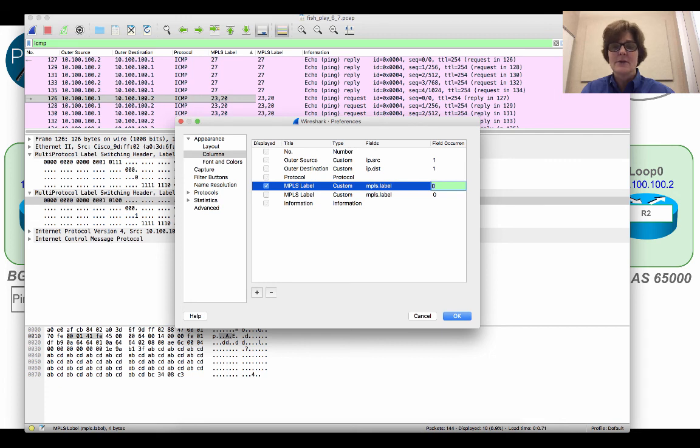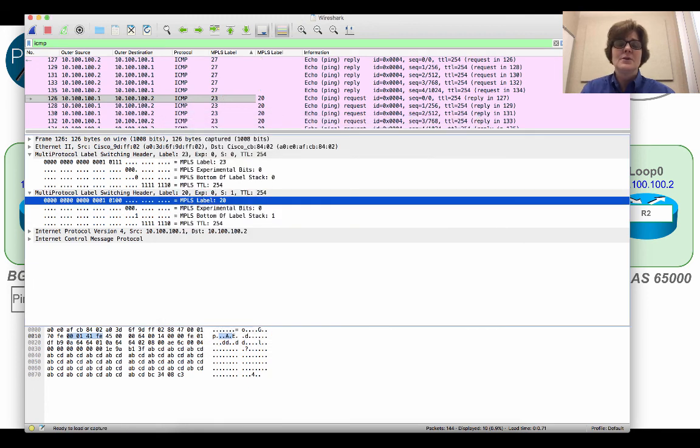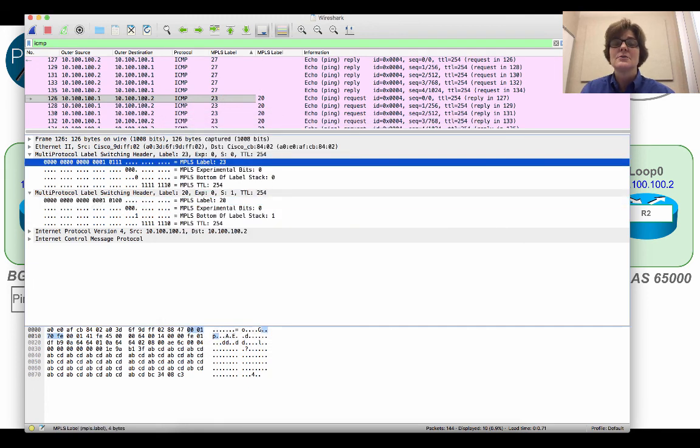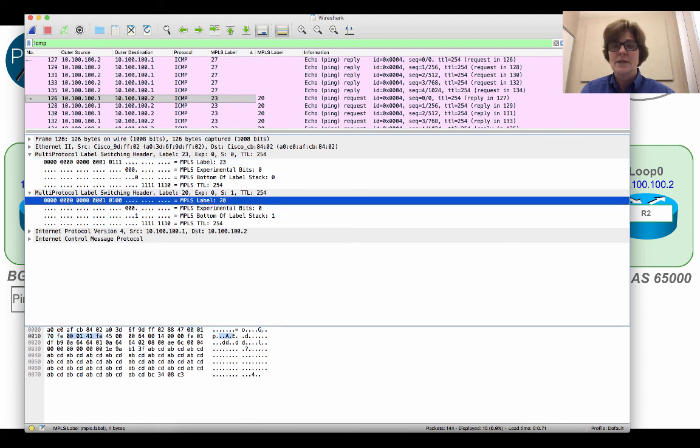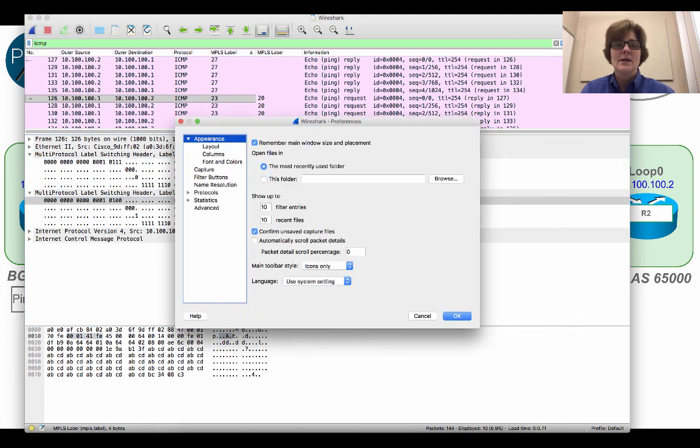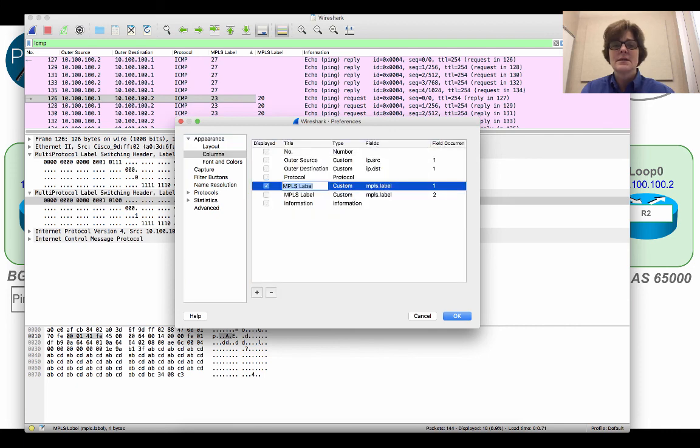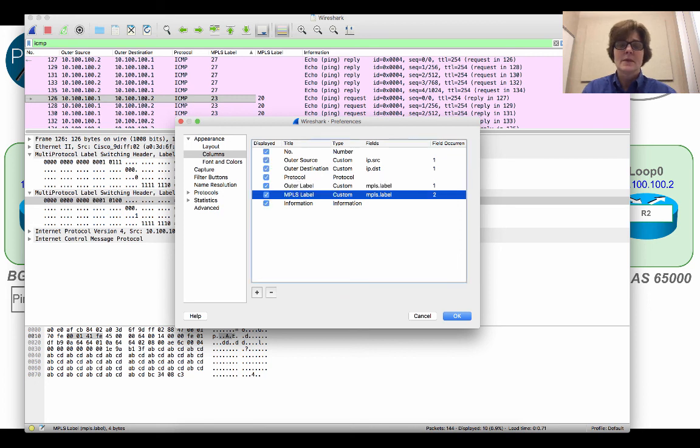It's saying I don't really care. So what I really want is I want this one to be the first one, and I want this one to be the second one. And if we do that, then I get what I expect, which is 23 and 20. In fact, I could even refer to this as the outer label, and I could refer to this as the inner label.